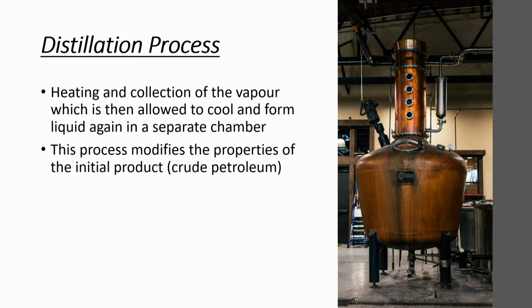You put the oil in a chamber where it is heated, and the vapor is collected and put in another chamber where it cools down and changes from gas back to liquid. The liquid will be more flammable, as it is much lighter compared to what remains in the chamber where the crude oil is, which is called crude residuals.